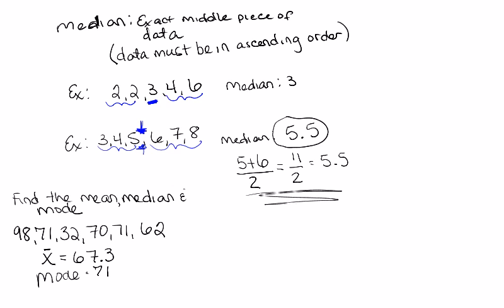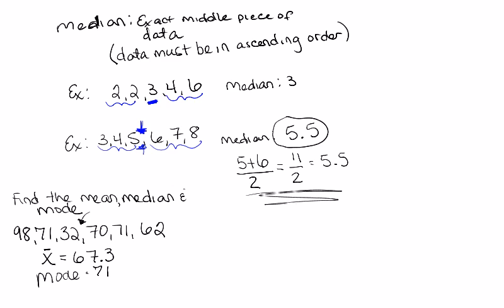The median, however, if you happened to say that the median was 53, I believe, or I suppose it would be 51, you were making the common mistake of forgetting to organize your list.